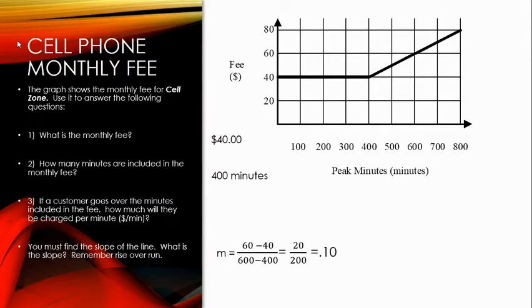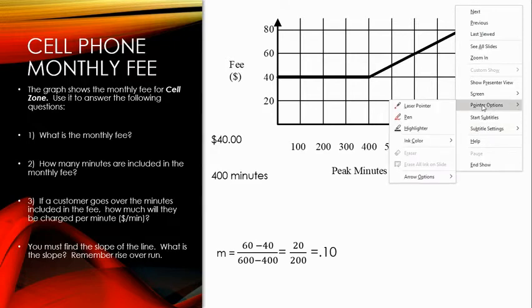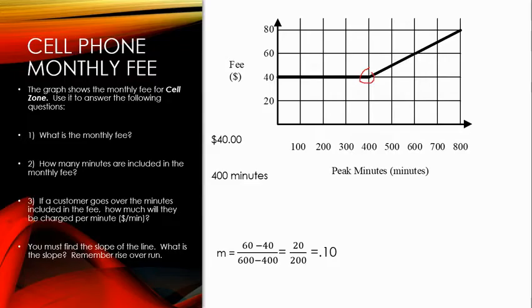One point is at 400 and 40, right? So we have 1 point here, and then we come up to the next point, which is at 600 and 60.